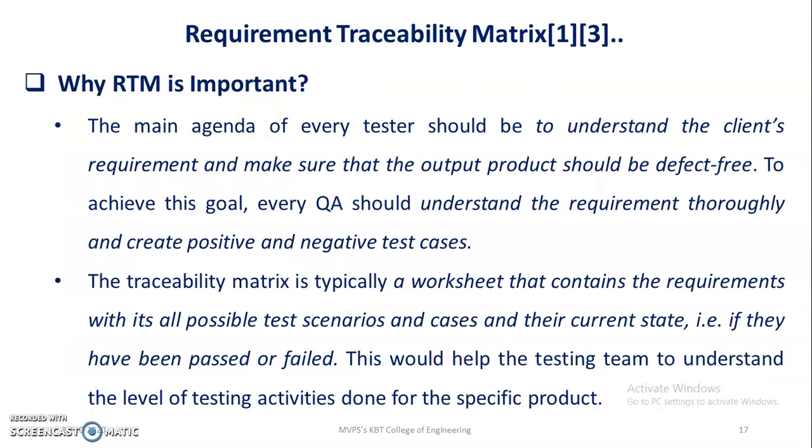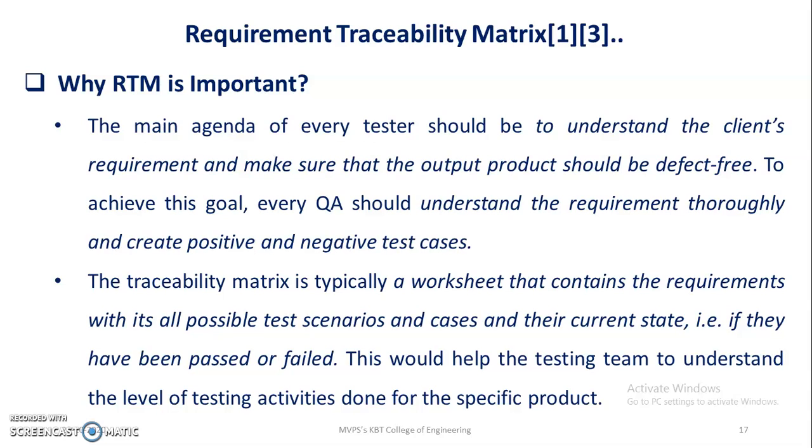The next point we have to discuss regarding the requirement traceability matrix is why it is important. The main agenda of every tester should be to understand the client's requirements and make sure that the output product is defect free.